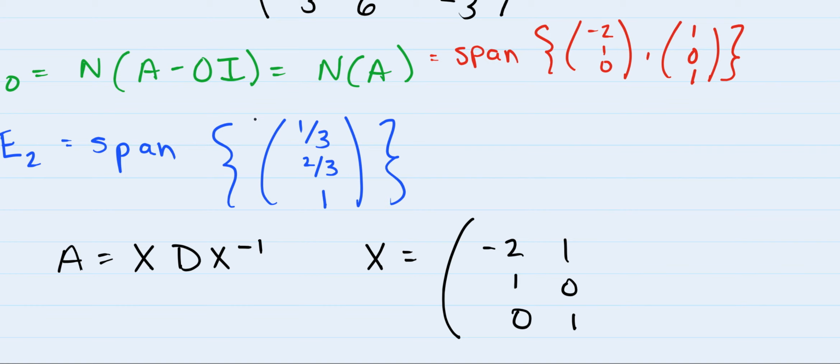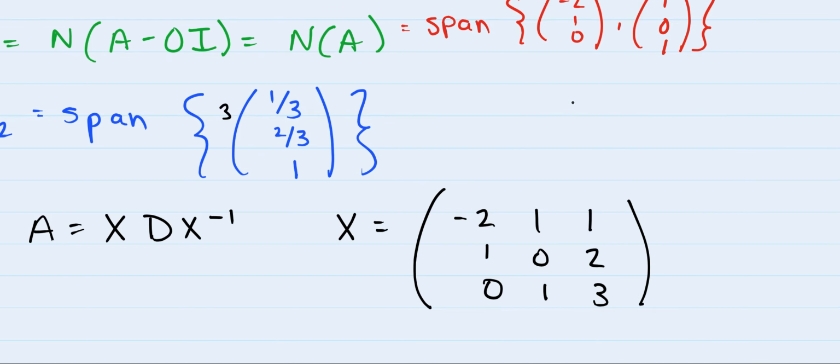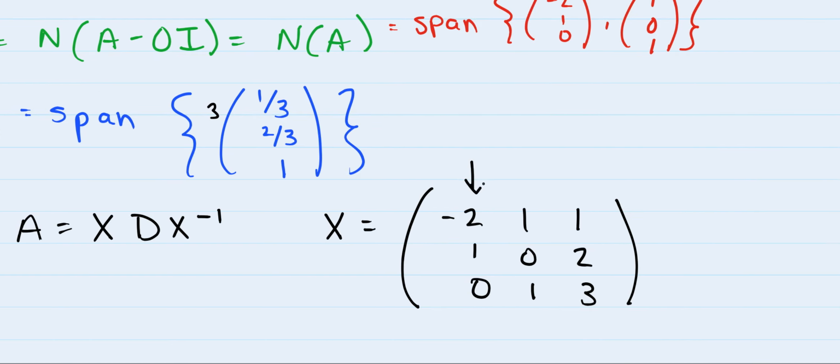I'm going to multiply this vector by 3 because I don't want to deal with these fractions here. So I get 1, 2, 3. So I just multiplied this by 3. And so this corresponds to the 0 value. This one corresponds to the 0 eigenvalue, and this one corresponds to the eigenvalue 2.